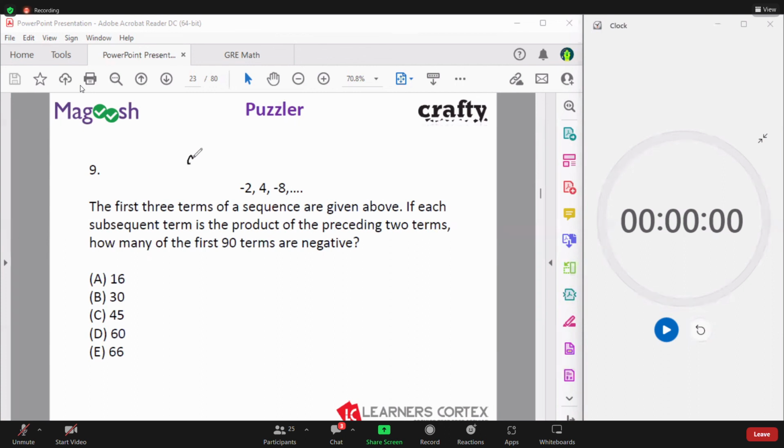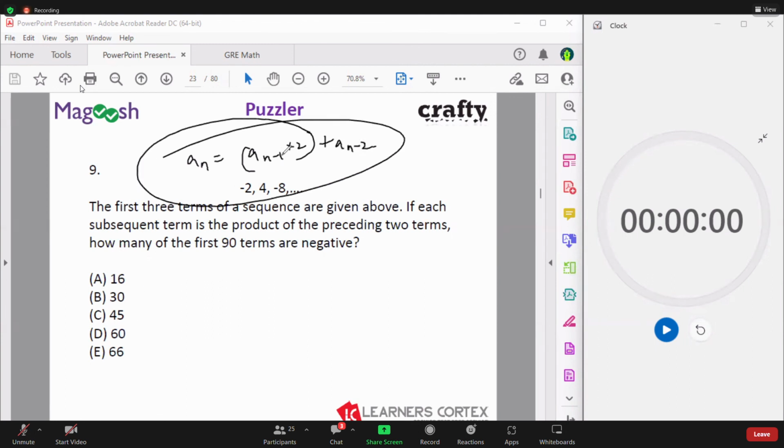So let's say a of n is equal to a of n minus 1 times 2 plus a of n minus 2. This here also can become a recursive series. You can take the first two terms as 1 and 2, and then the third term, a of 3, would be a of 2 times 2 plus a of 1.